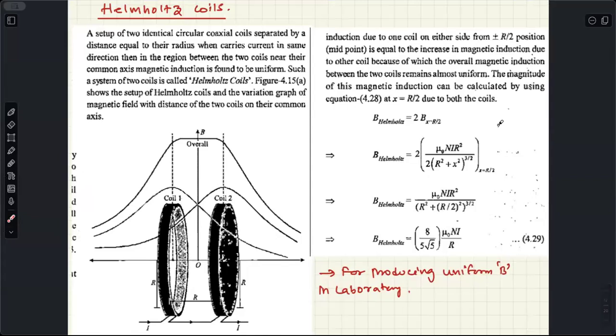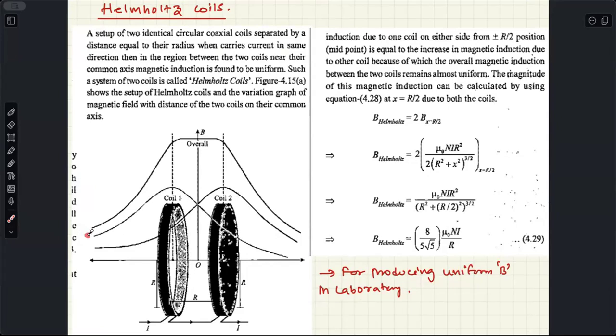This is very specific: Helmholtz coils. They are used to produce a uniform magnetic field. What are Helmholtz coils? Basically, two identical coils carrying the same number of turns, carrying the same current in the same sense. Now, what is happening?